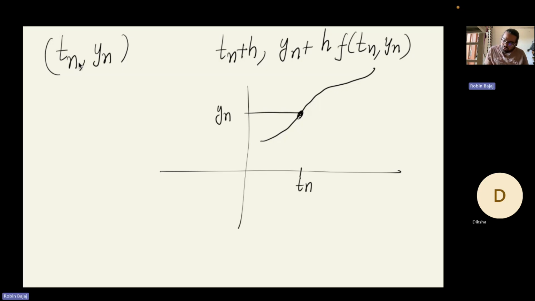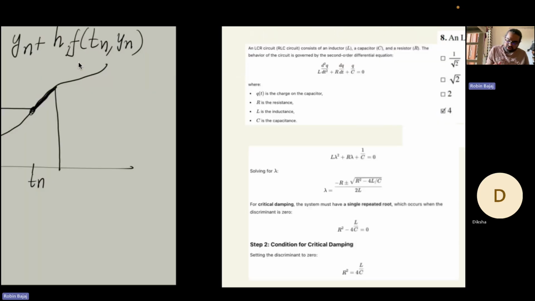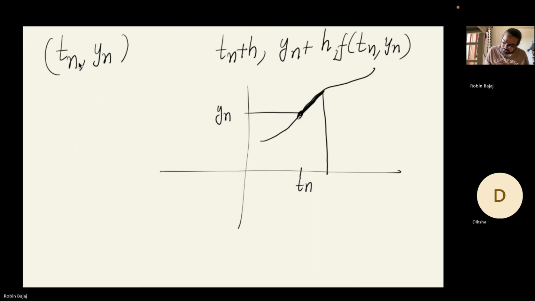Now they take another point which is updated by t of n plus h. They take the slope at this point and then multiply with that slope, which is basically h times f of t of n, y of n. So, right. In the modified Euler method, just a second, add page.